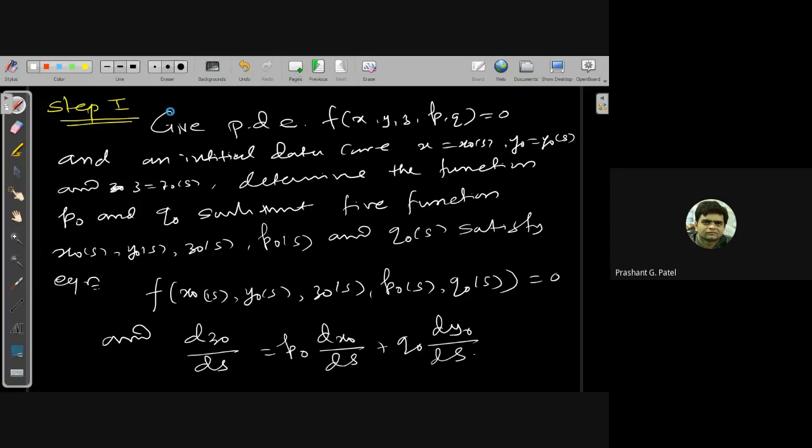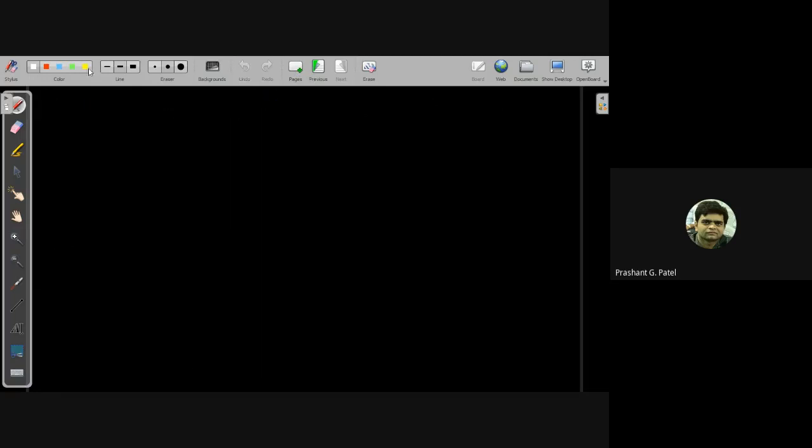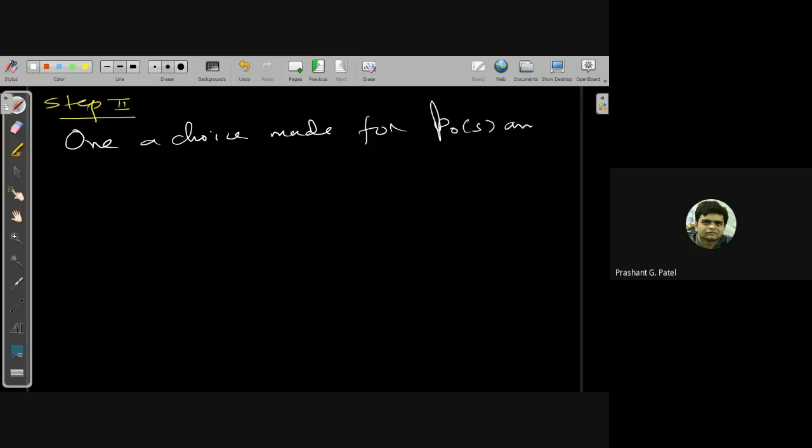In step 2, once the choice is made for p0 and q0, that means the initial strip is chosen.